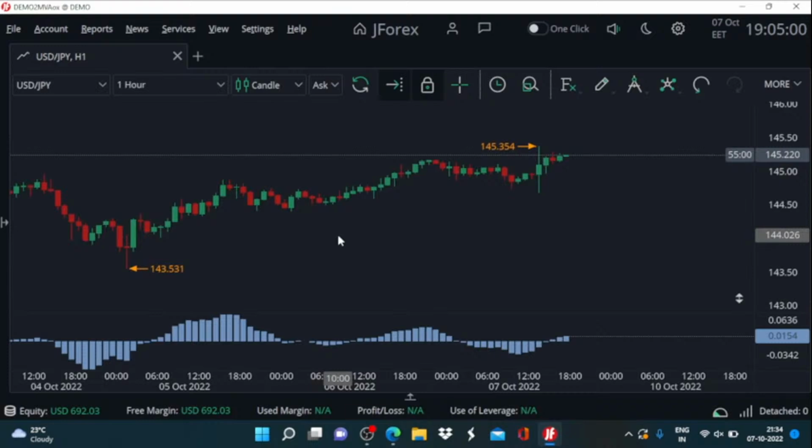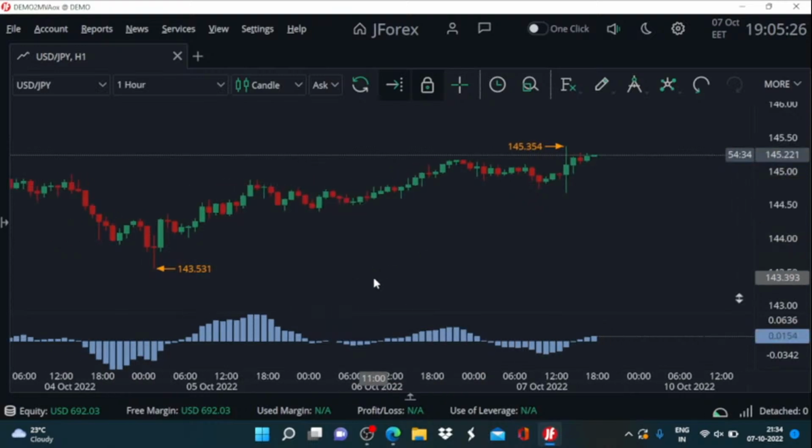The interpretation is simple. We use this 0 as the critical marking line. Below 0, the output is considered indicative of the bearishness prevalent in the underlying instrument. And if we have the OSMA output above 0, that is indicative of the bullishness, the strength of the buyers on the higher side for the underlying instrument.